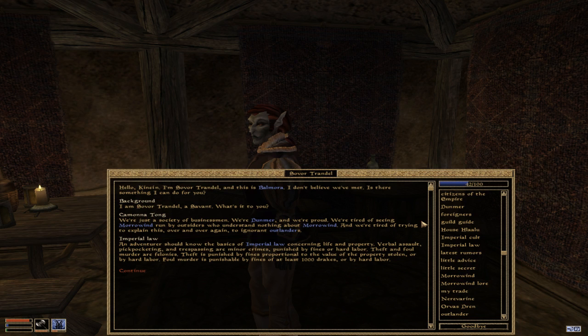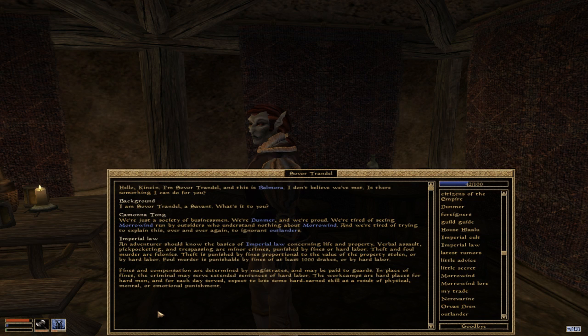Foul murder is punishable by fines of at least 1,000 drakes or by hard labor. Fines and compensation are determined by magistrates and may be paid to guards. In place of fines, the criminal may serve extended sentences of hard labor.